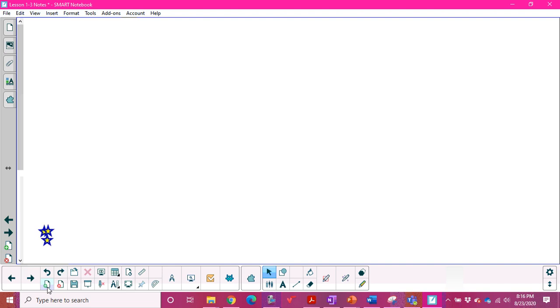Okay, we know that the square root, let me write this at the top of the page so we can actually see. The square root of 1 is 1 because we know that 1 times 1 is 1.